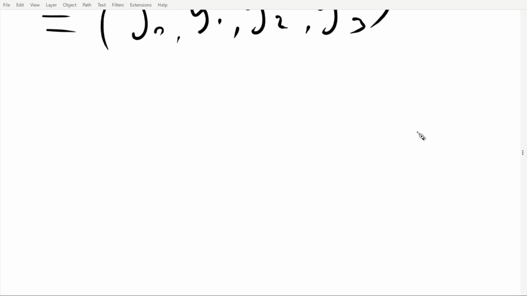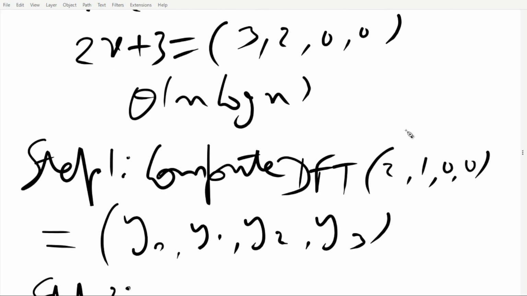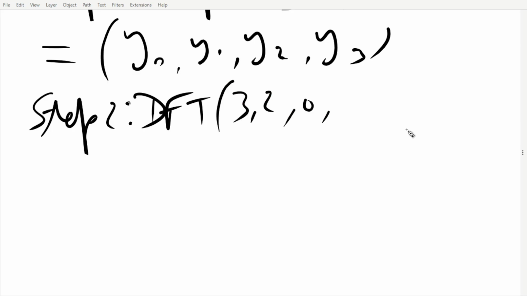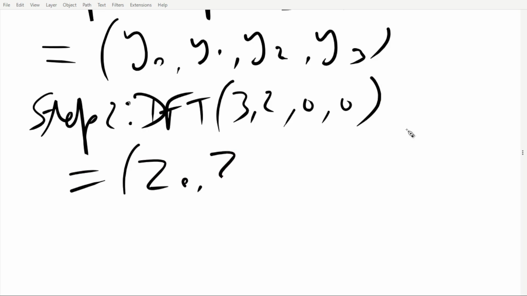Step 2 is to compute the DFT of the second vector 3 2 0 0, and call it z0, z1, z2, z3.